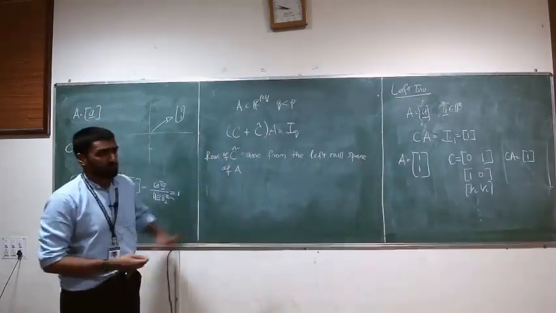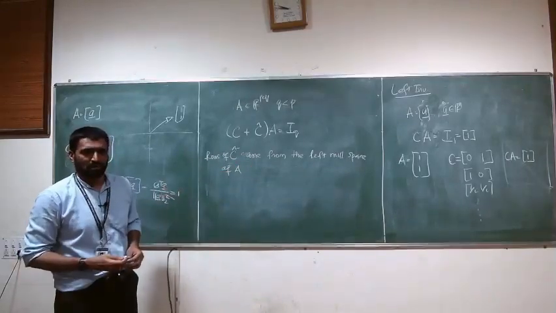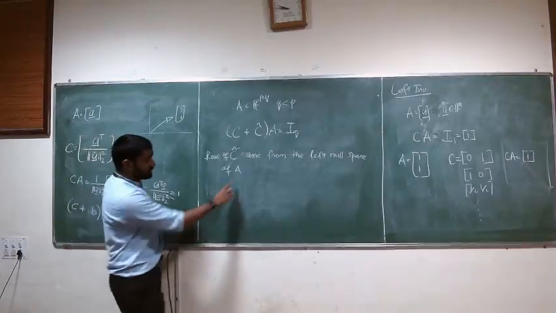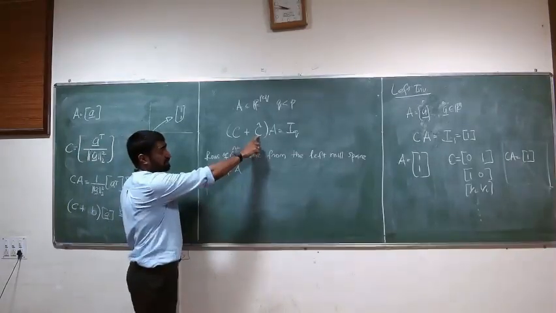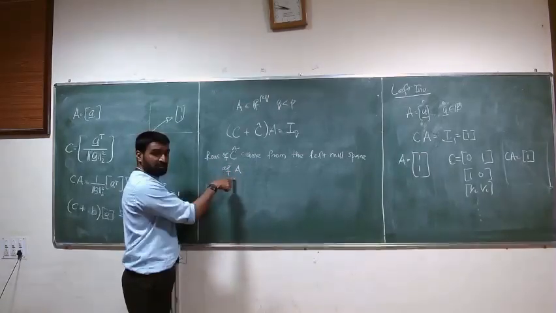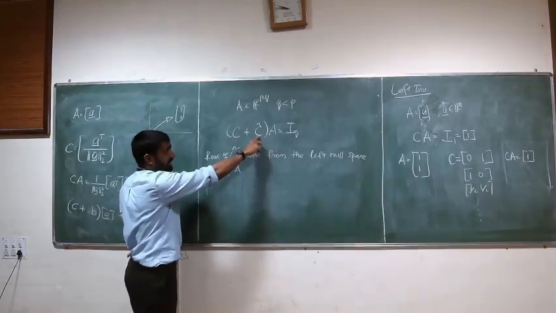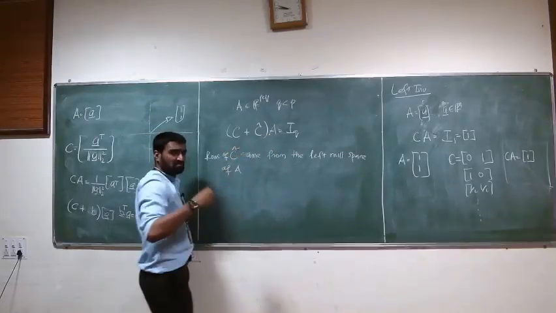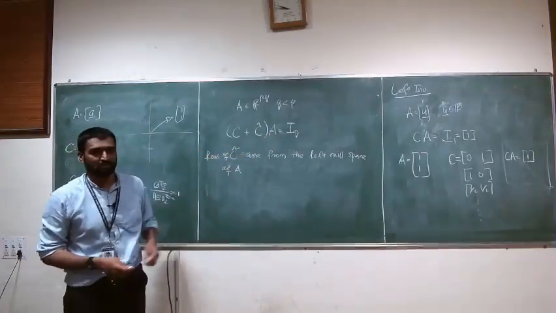I'm going to state it without discussing why that is true. I'll leave it as an exercise for you to think about why that is true. If you choose a matrix C cap so that the rows come from the left null space of A, and you add it to some C that is the left inverse of A, then you can produce additional left inverses for A.